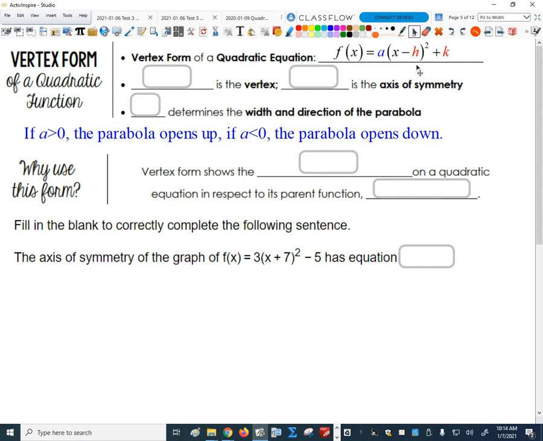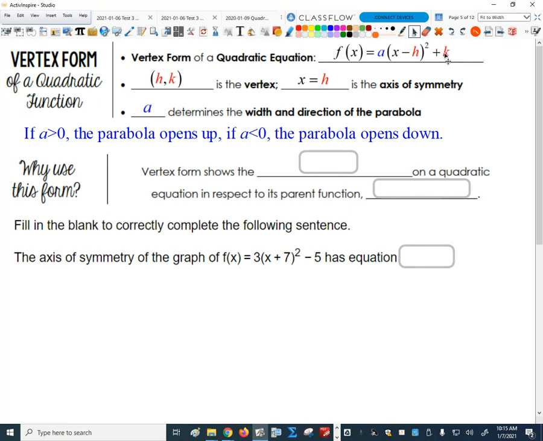But we always know that h is the value that we're subtracting from the input x, right? And then we add k outside of the function. Once again, just like before, we know that hk is the vertex. We know that x equals h is still our axis of symmetry. And we know that A determines the width and the direction of the parabola.